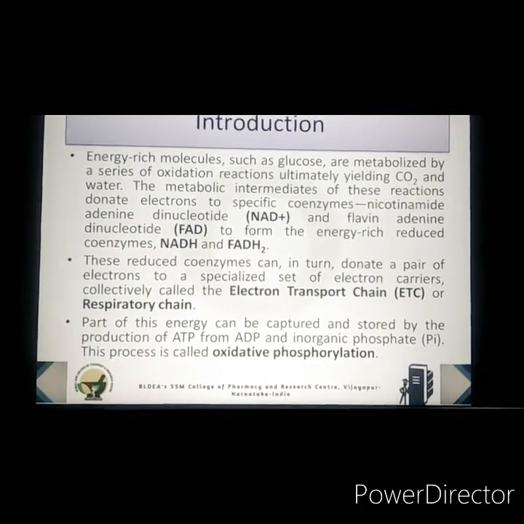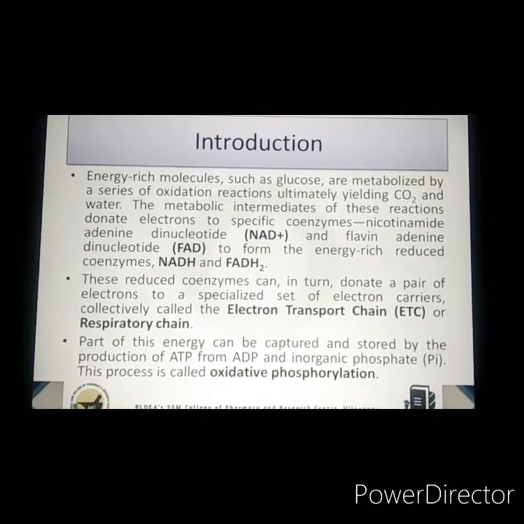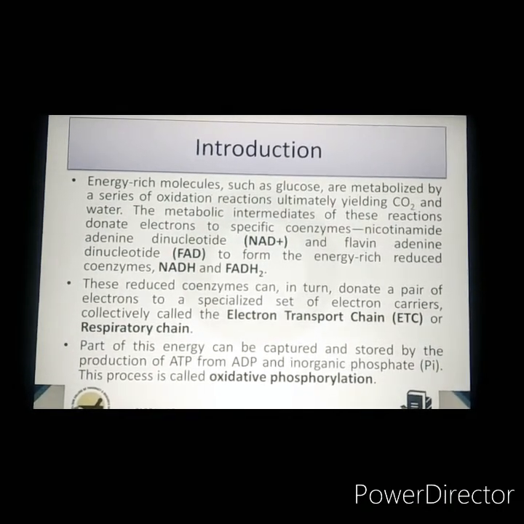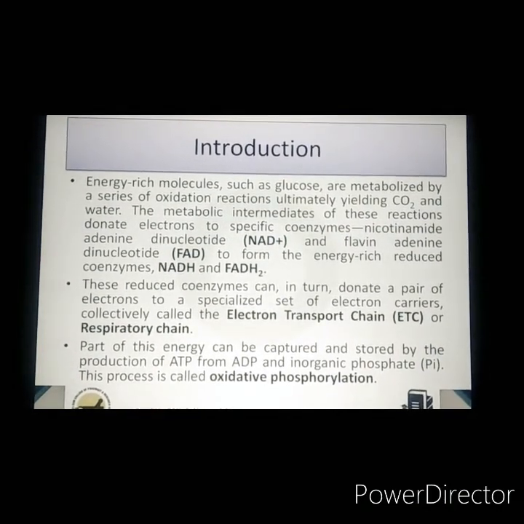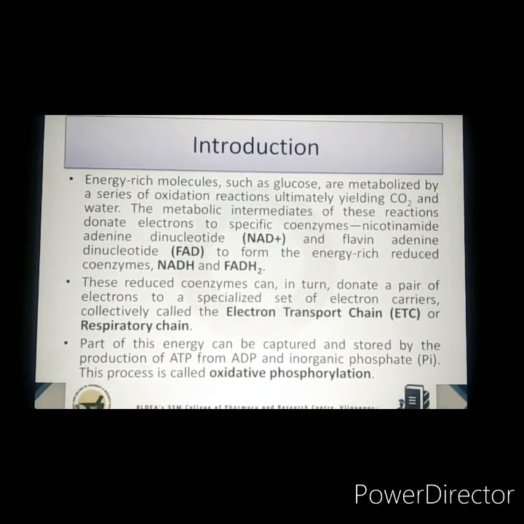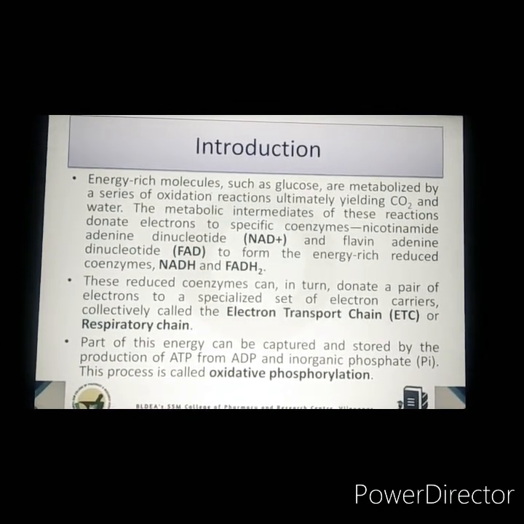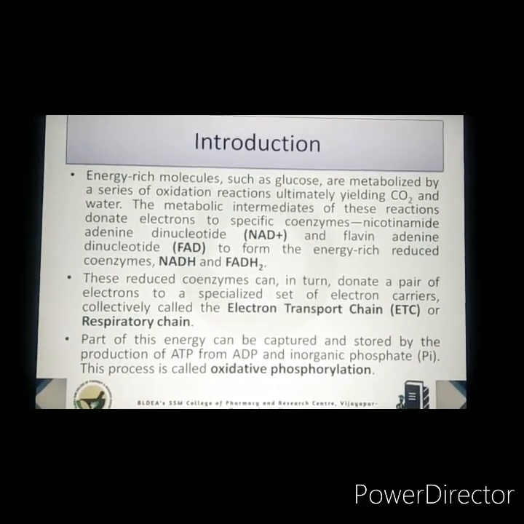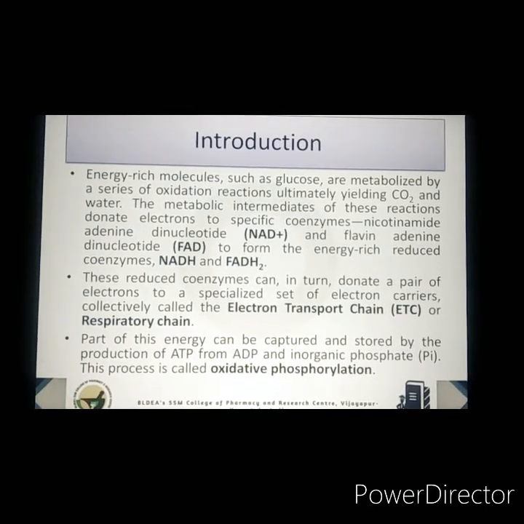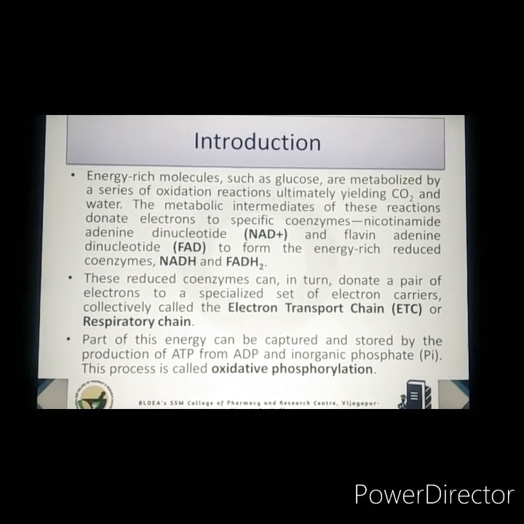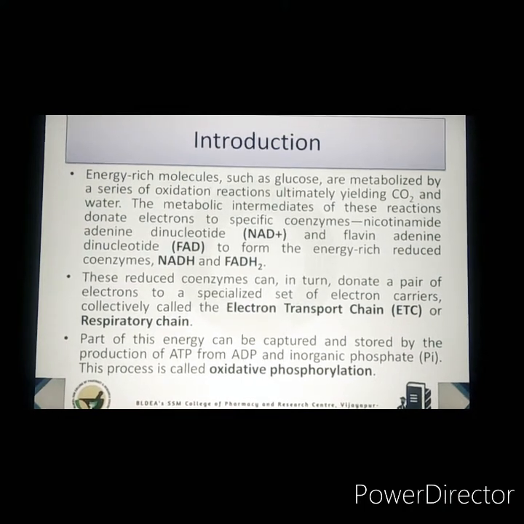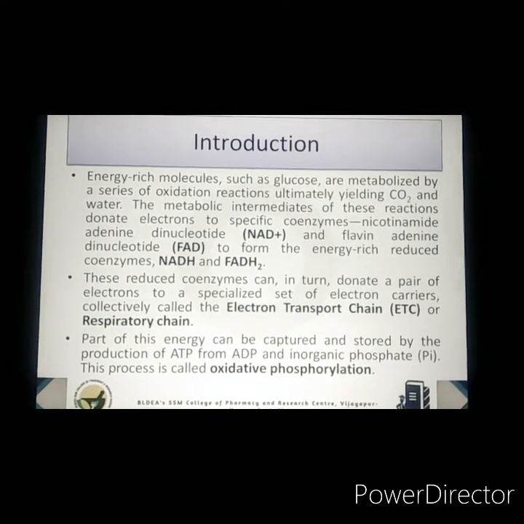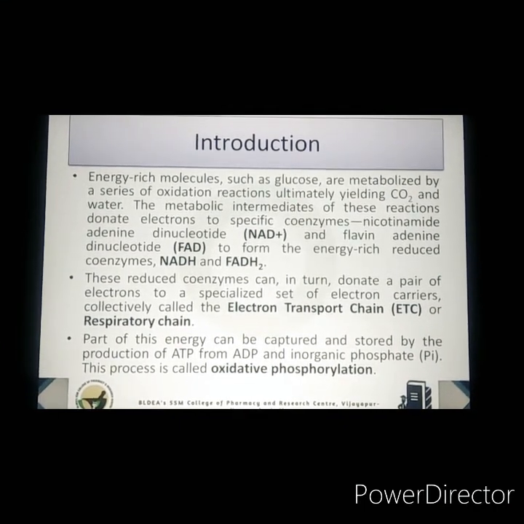Electron transport chain is a series of chain reactions consisting of different complexes with electron carriers, where the energy rich reduced coenzymes like NADH and FADH2 donate a pair of electrons to the electron carriers.